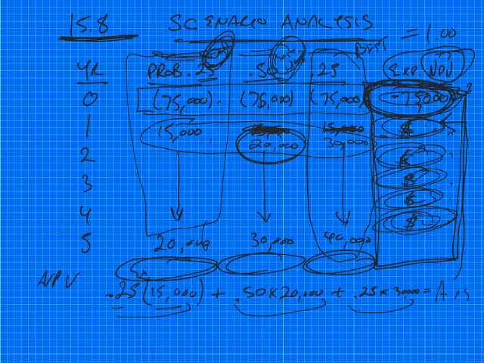That's all there is to it. Now, it also says it in the problem, so you guys wouldn't miss this, that the corporate cost of capital for this particular problem is given, and that's 12%. So that is given to you.